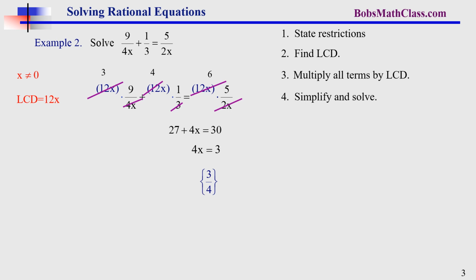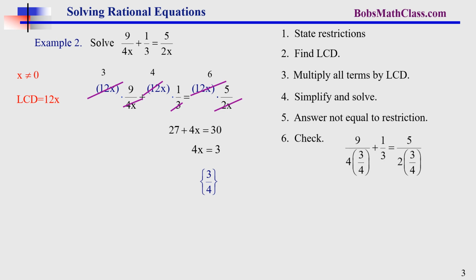Okay, let's do a check. It's also important to note that that answer is not one of our restrictions. Our restriction is only x equals 0, so this is great. 3/4 is our solution. So plug in a 3/4 everywhere you see an x.